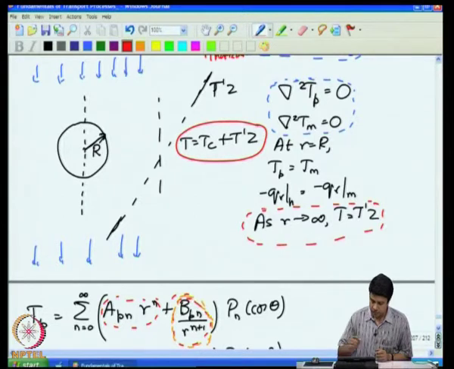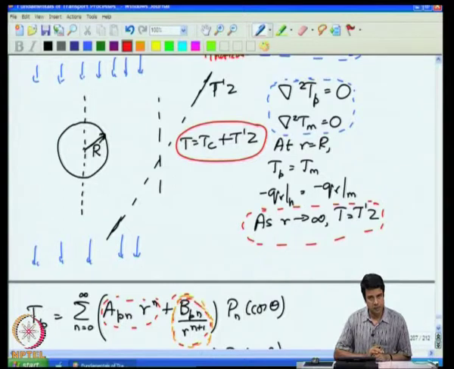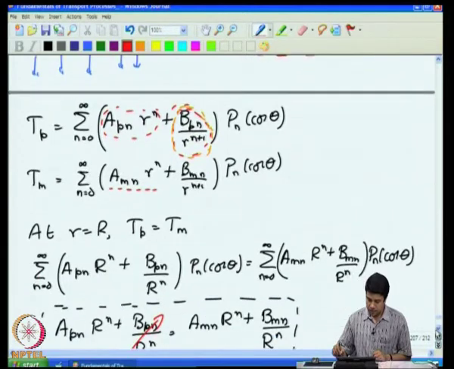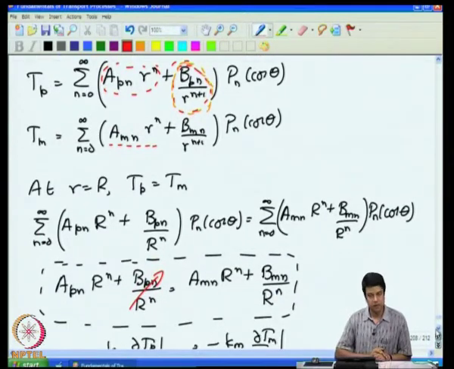In addition to this, we have boundary conditions at the particle surface. Temperature of the particle is equal to temperature of the matrix, and the fluxes are the same at the surface. So, we wrote down our general solutions for the temperature field for the particle and the matrix. For the particle, there is one part that is proportional to r to the power n.